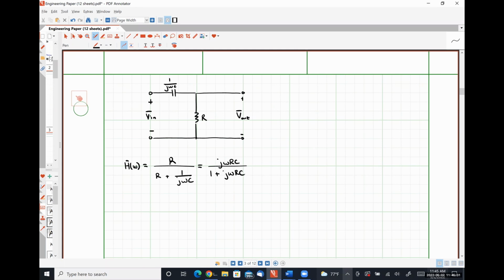So are we comfortable with this as our transfer function? Let's start there. Any of the two mathematical steps that I took not make sense?